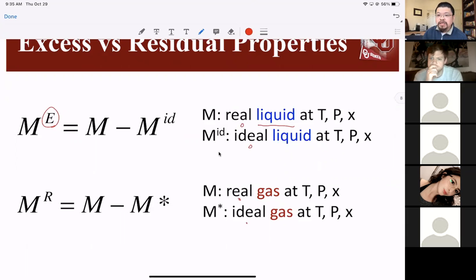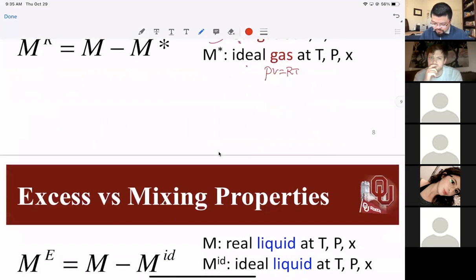The equation involved may be different from one to the other, but the concept is exactly the same. Try to evaluate what would be the deviation if we are moving from PV = RT for the ideal gas. If we are moving from the M_i in the mixture being x_i M_i pure, then what would be the corresponding real behavior?